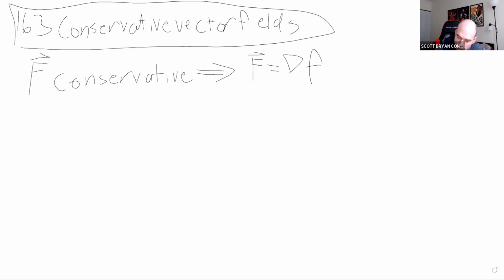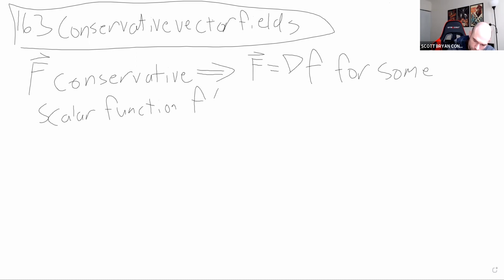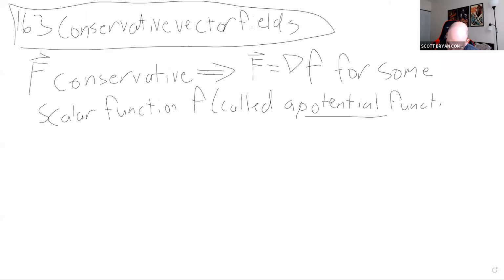So if it's equal to the gradient of some scalar function, that scalar function is called a potential function. And I want to emphasize it is a potential function, not the potential function, because you can always add a constant to it.